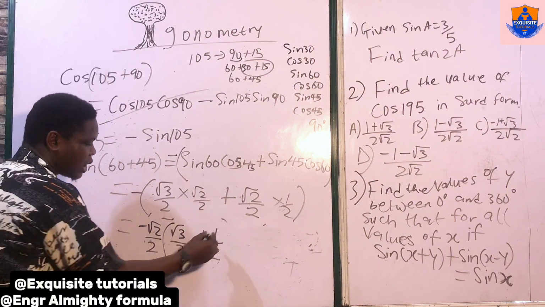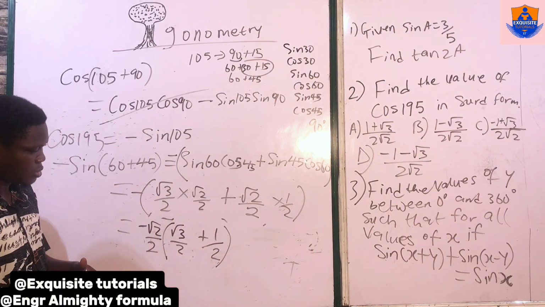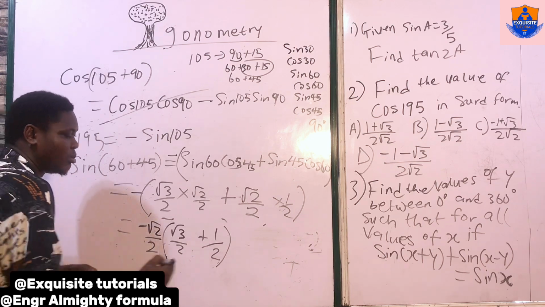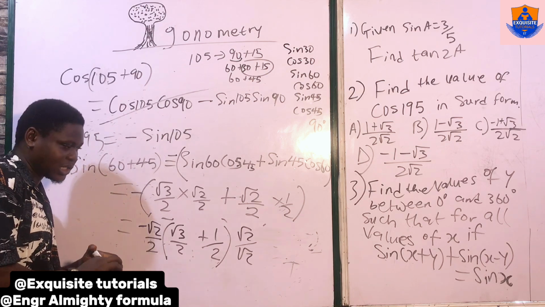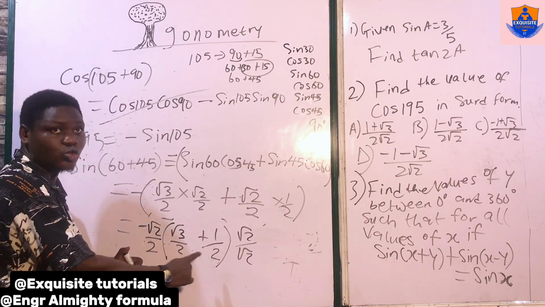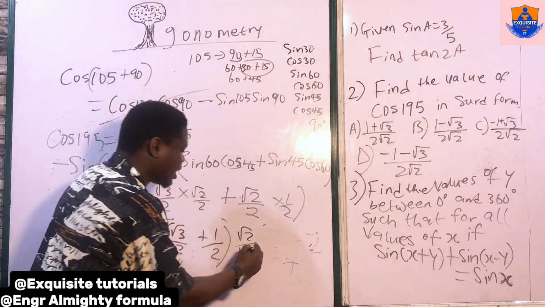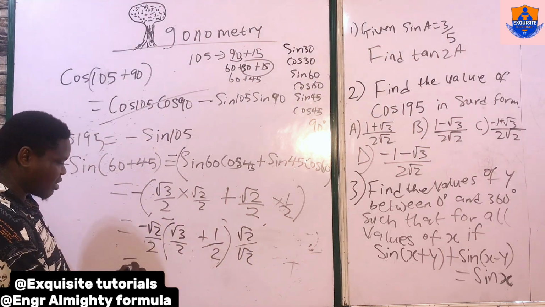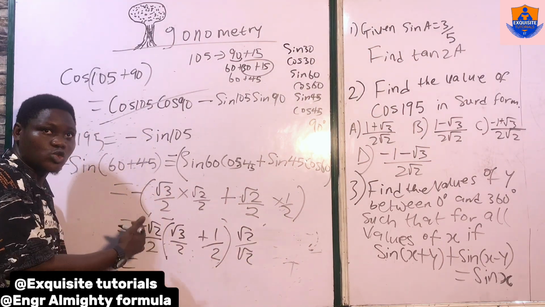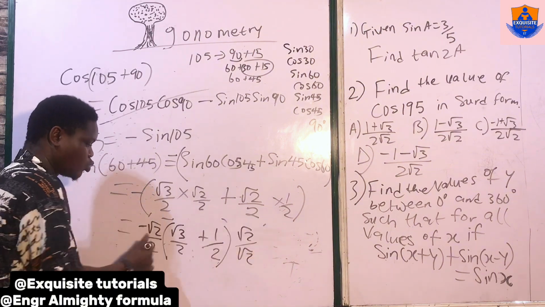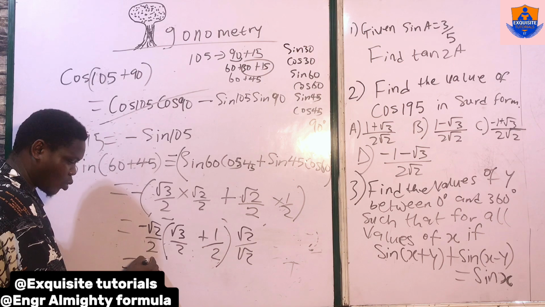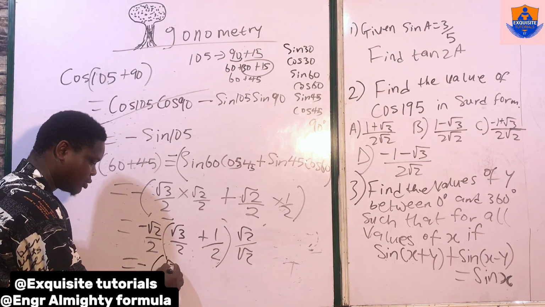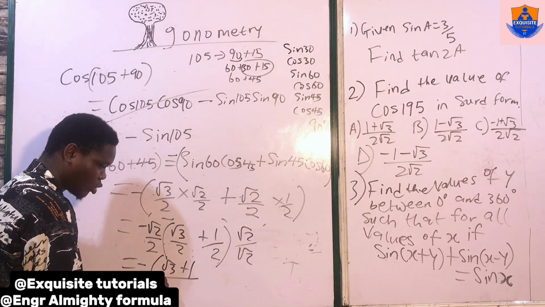What I'm going to do now is multiply by root 2 all over root 2. There's a reason why I'm doing that, so that this denominator will have 2 root 2. Root 2 times root 2 is 2, so that 2 will cancel out with this 2. We are left with minus 1, open bracket, root 3 plus 1 all over 2.